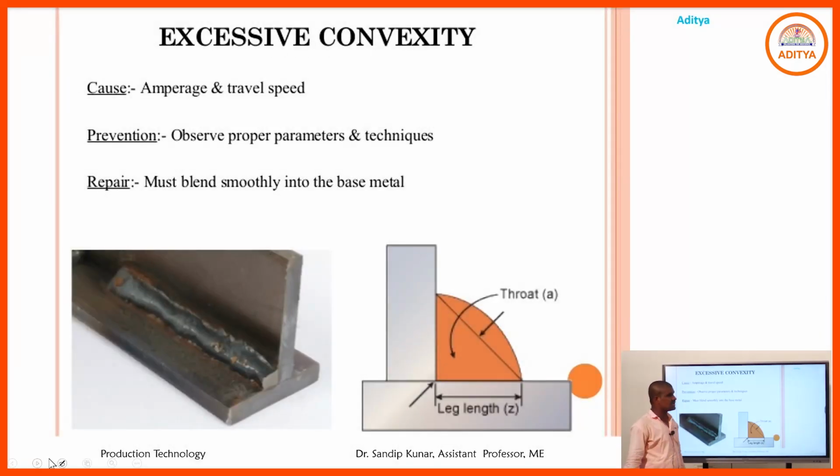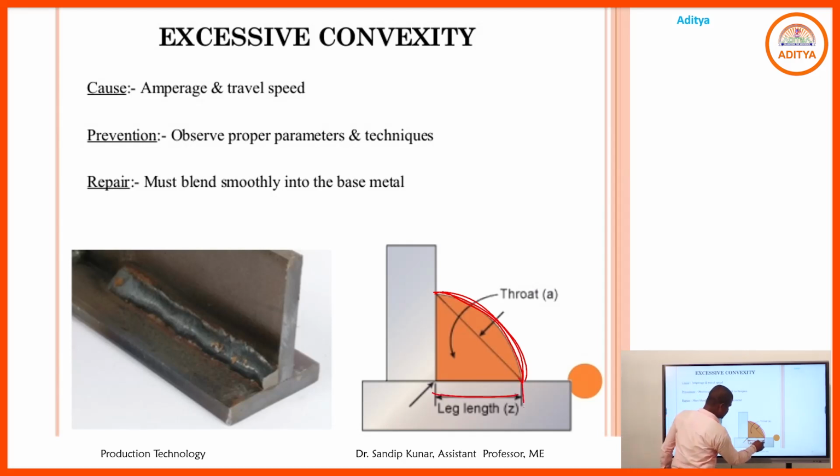Excessive convexity. Here we see that during welding, an extra convex or concave shape can take place. That problem is called excessive convexity during welding. That is the leg length.